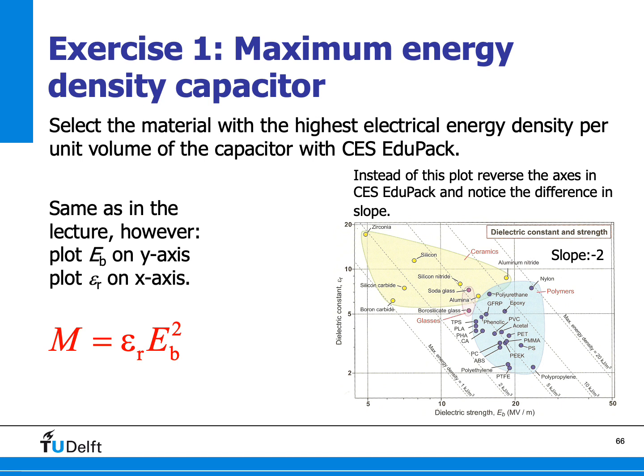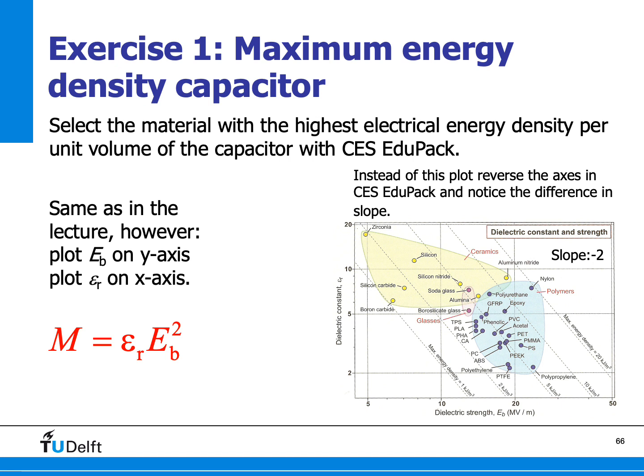The only thing that we change now is that on the y-axis we plot the electric field at breakdown, and on the x-axis we put the relative permittivity, or the dielectric constant. So the material index is exactly the same. This was the graph that we have seen before, and now we're going to switch the axes.